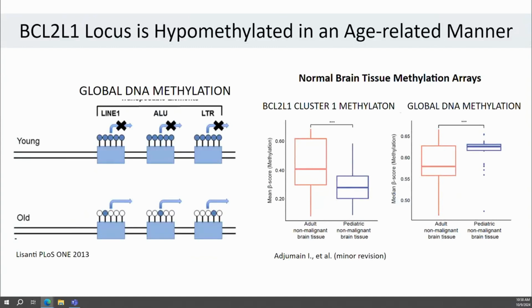Now, on the flip side, we also have to consider what the methylation status is in the normal tissue as well, because if BCL2L1 is also methylated in normal tissue, we would expect a lot of toxicity effects.